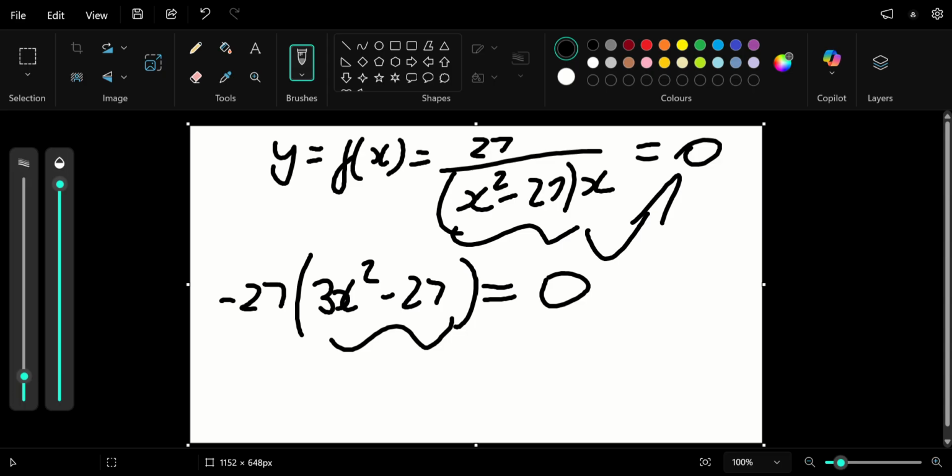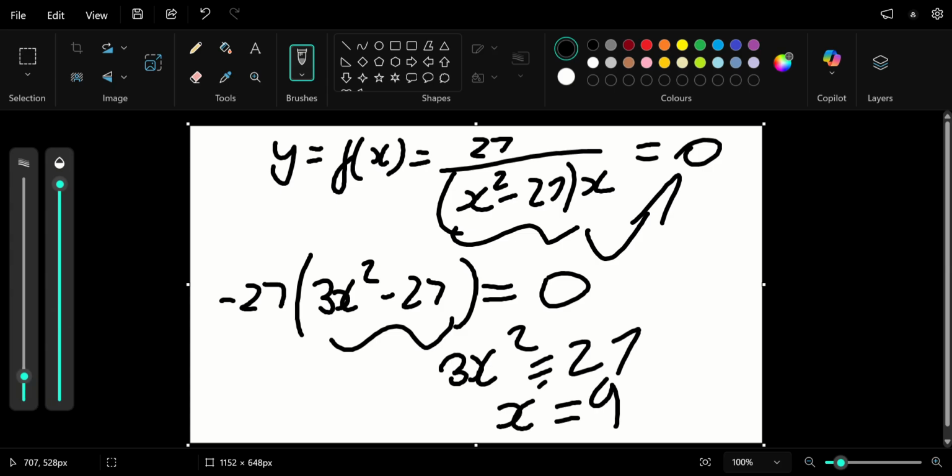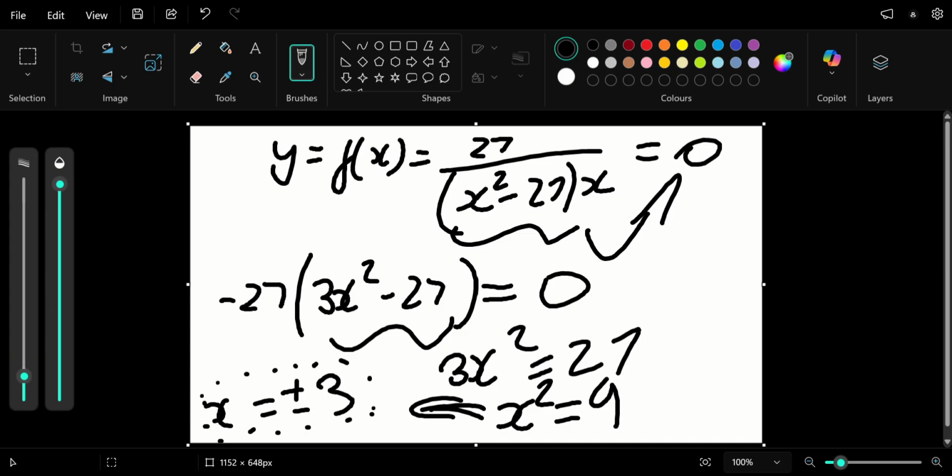This is the only factor that we really need to care about, so essentially it's just 3x squared minus 27 equals 0, which is just 3x squared equals 27. 27 over 3 is 9, x squared equals 9, therefore x can just be plus or minus 3. So we found the x coordinates of the stationary points.